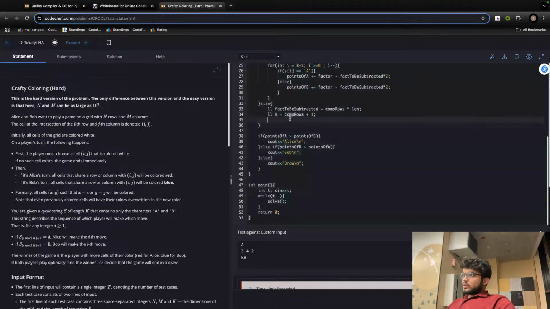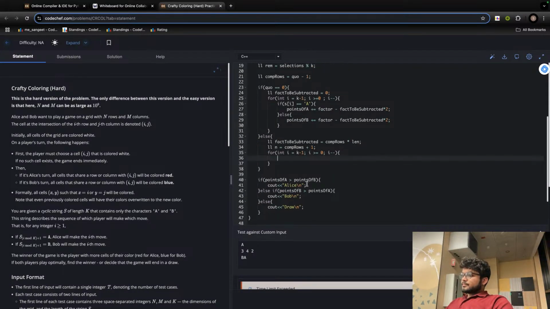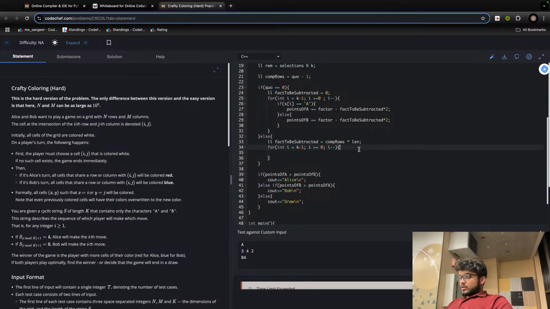Let's now iterate for int i equals q minus 1, i greater than or equal to 0, i minus minus. For here we need to first calculate the n for everyone.